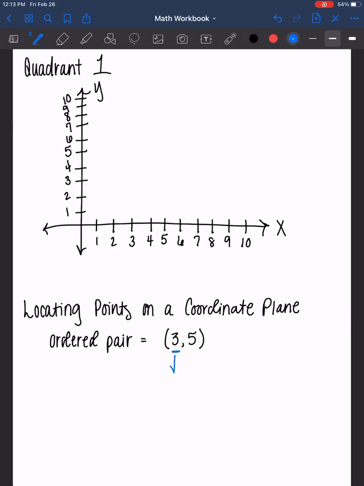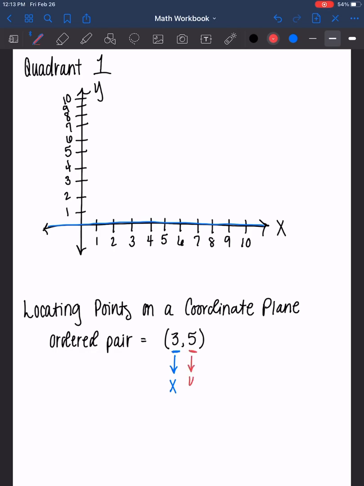You have this first number in the ordered pair, which is the x coordinate. It measures the distance along the x-axis. So I'm going to go ahead and show you that this first number, it's going to fall along this x-axis. So kind of like how we call it a coordinate plane, we're calling it the x-coordinate.